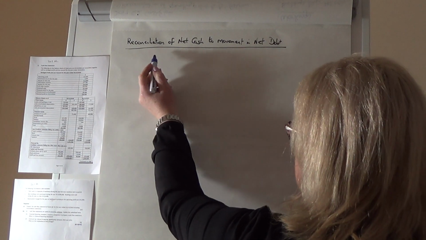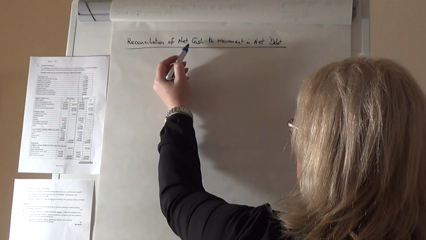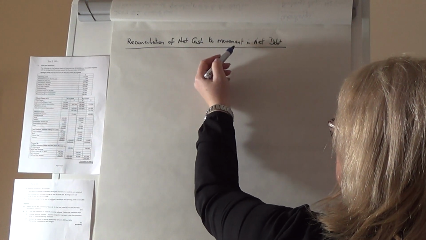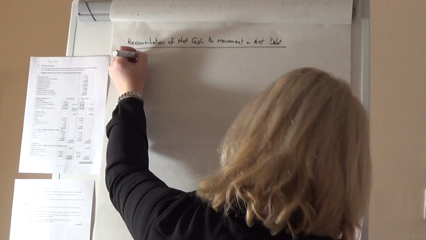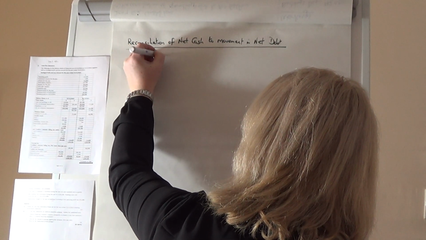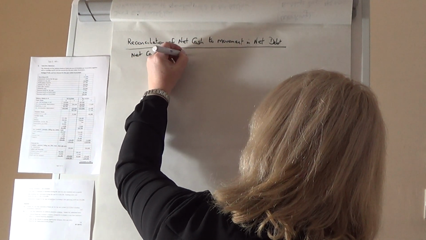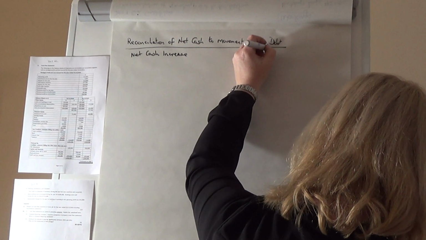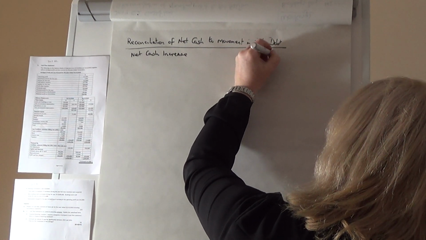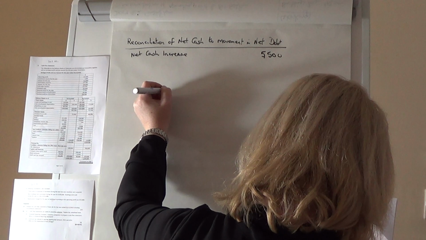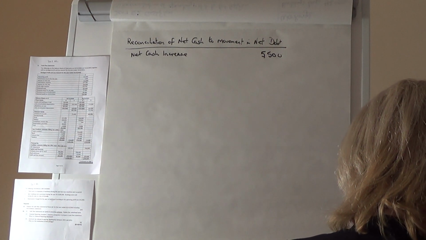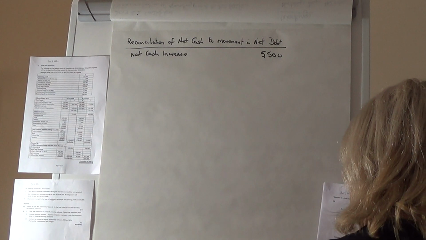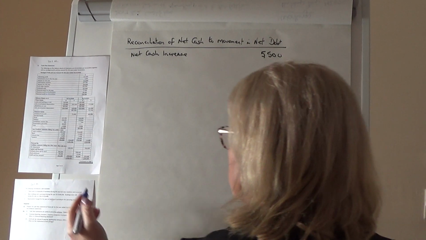So the final piece of our cash flow is to reconcile the net cash that we just got to the movement in the net debt. So if we take the net cash figure, which was an increase, and that was 5,500 that we just got there in the last piece, and we want to reconcile that with movement in net debt.